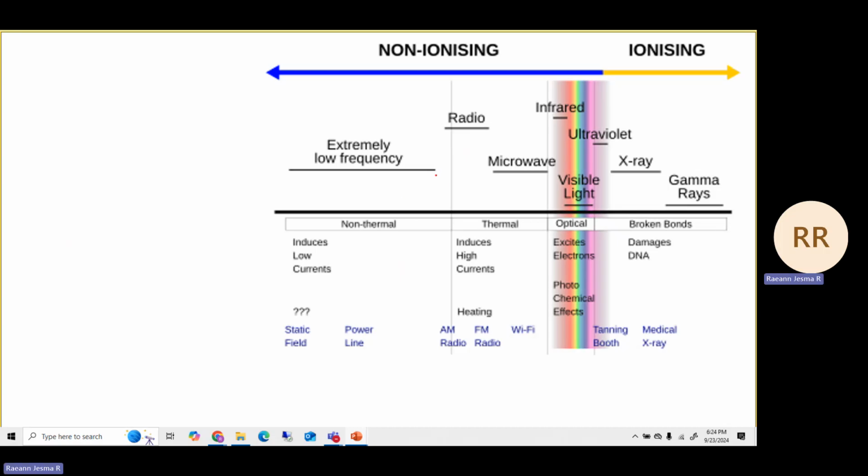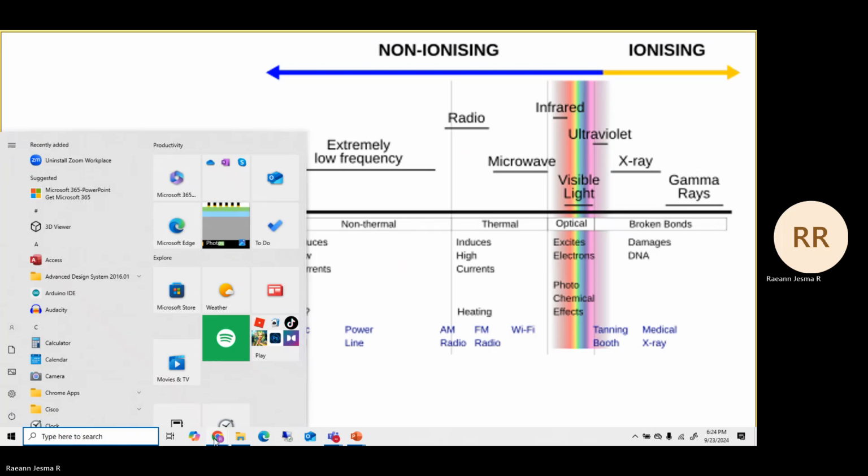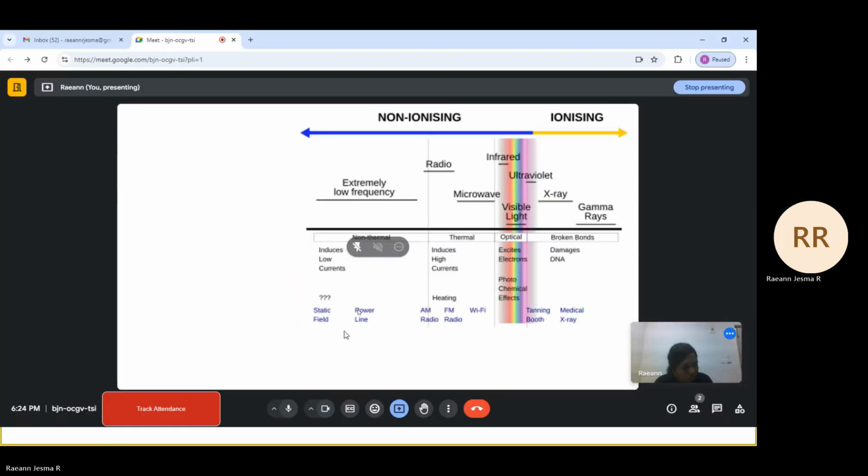Here we can see that both radio waves and microwaves are there.